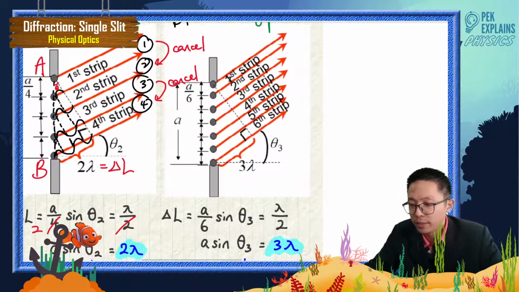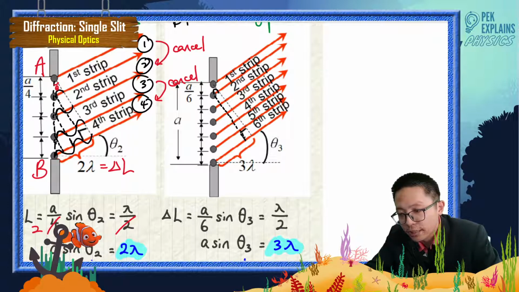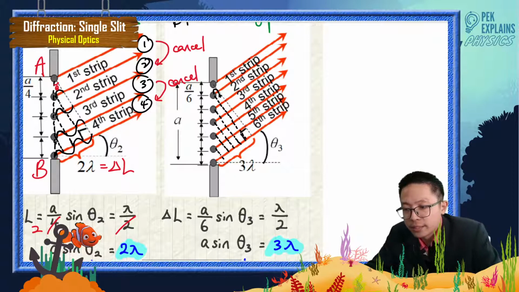Also the same. You see, the first particle and the next first particle here, the difference is half lambda. Maybe I should draw the line here so you can see clearly. Half lambda, half lambda, half lambda, half lambda, half lambda.